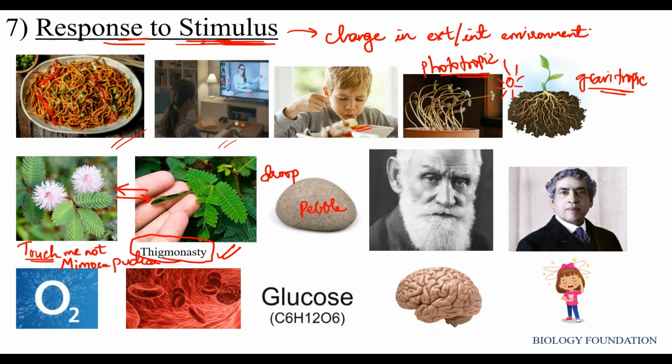Now, should we give credit to the scientist who first observed it? Obviously, right? Yes. So, who first actually discovered it? Ivan Pavlov. He first observed that living organisms respond to stimulus. Any change in the external or internal environment, living organisms do respond to it.